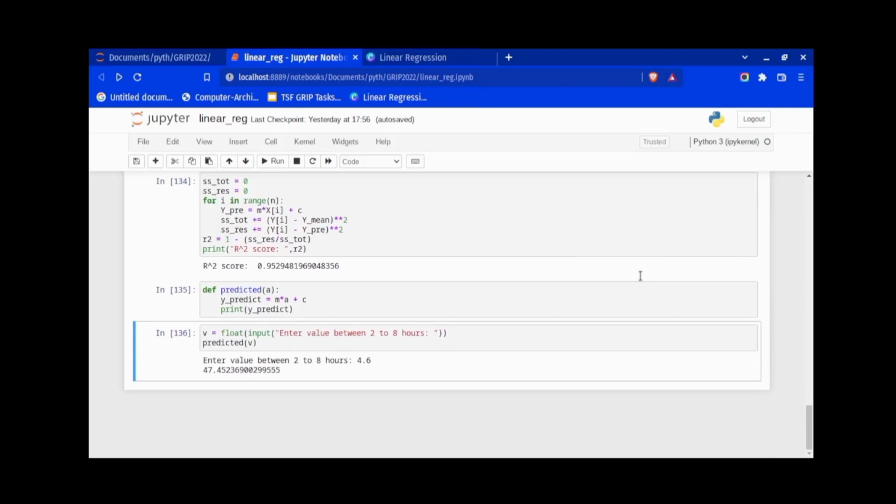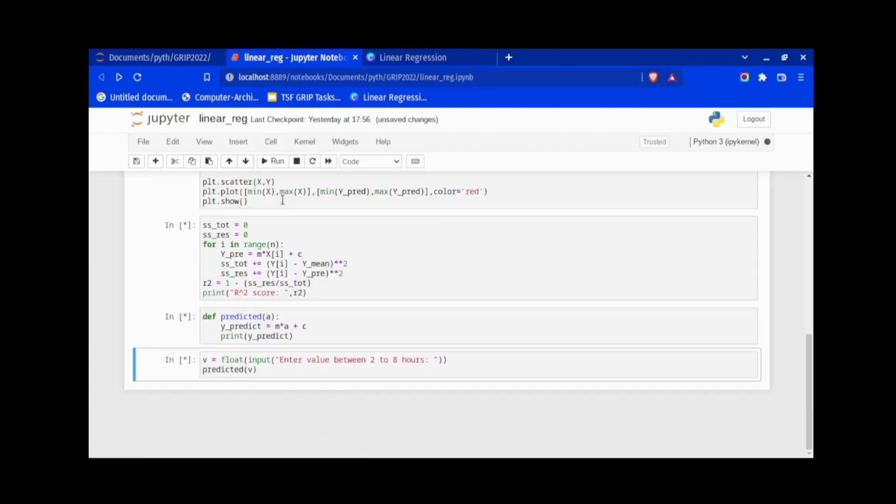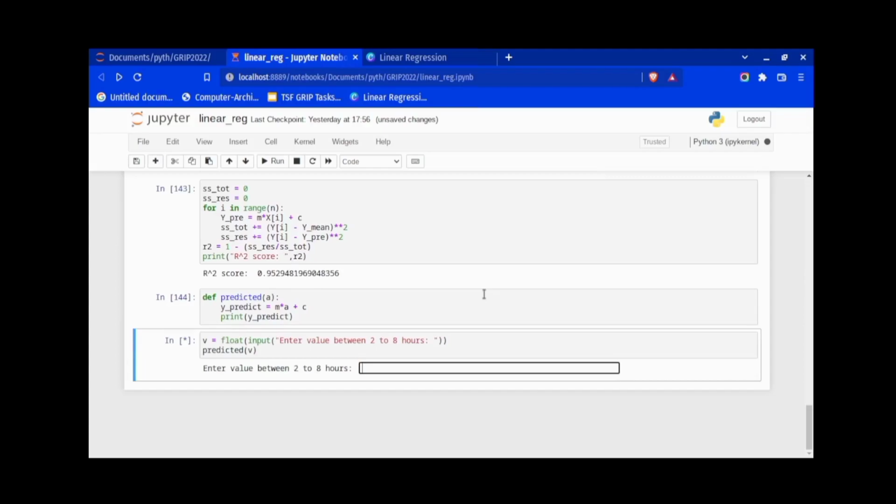Then we obtain the y predicted values by giving x as input and obtaining y as output. Let's run all the cells together. We are asked to enter a value between 2 and 8 hours.